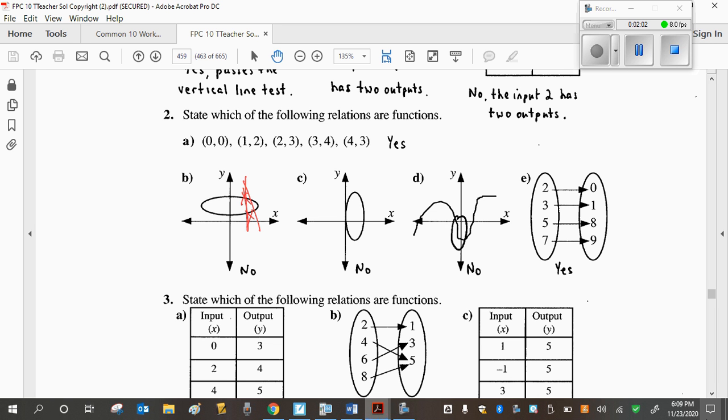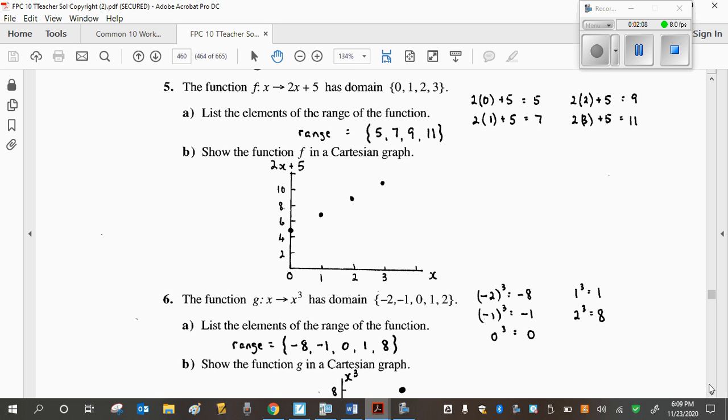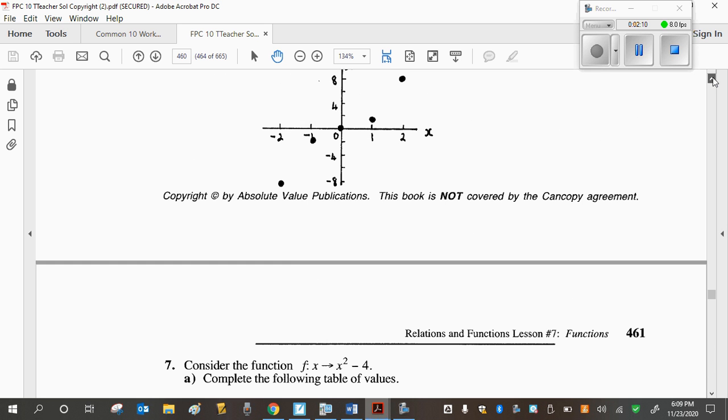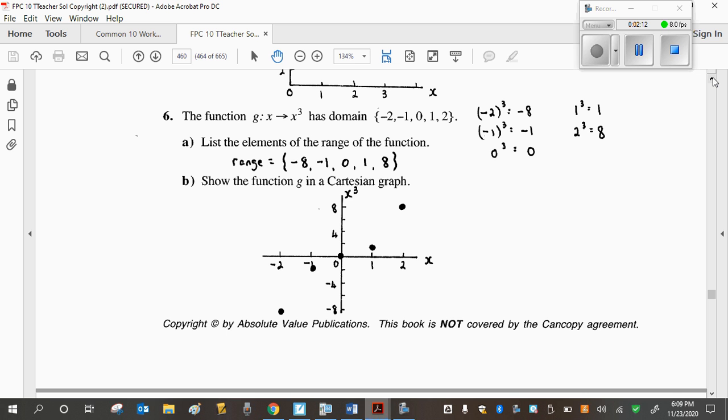Here's number 6. Keep your x's in brackets. And again, this is just like a table of values where these are your x's. Domain means x, right?